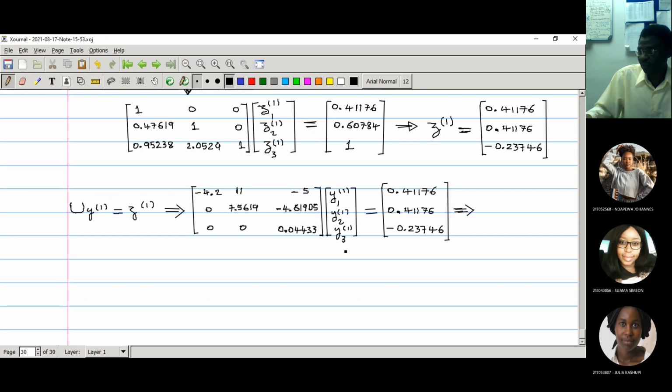You see that y31 we start from this one. y31 will be this divided by 0.04433, right?